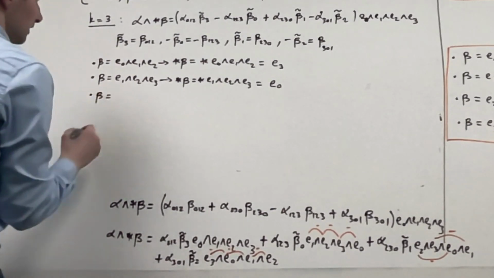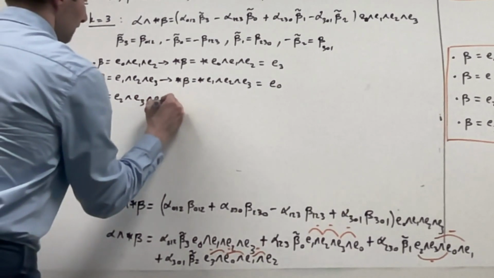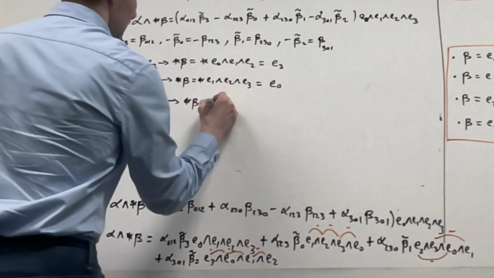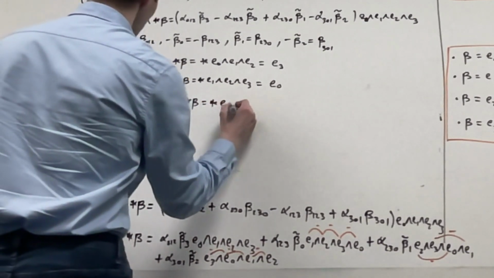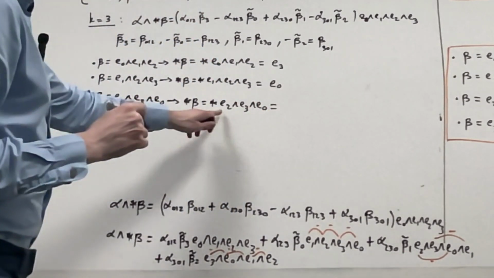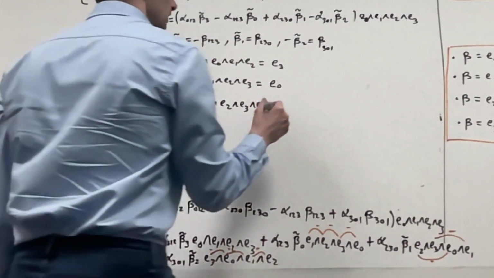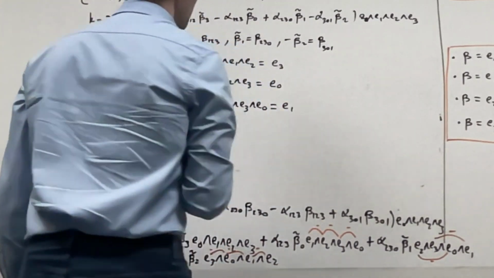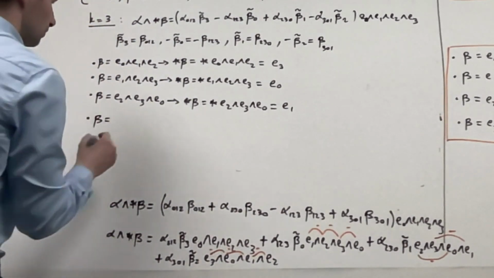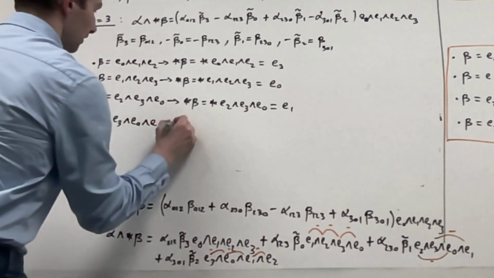Then beta is equal to E2, E3, E0. So the star of that is equal to the star of E2, E3, E0. And basically I look, beta 2, 3, 0 is equal to 1, so beta tilde 1 is equal to 1. So that's equal to E1. And finally, we've got beta is equal to E3, E0, E1.